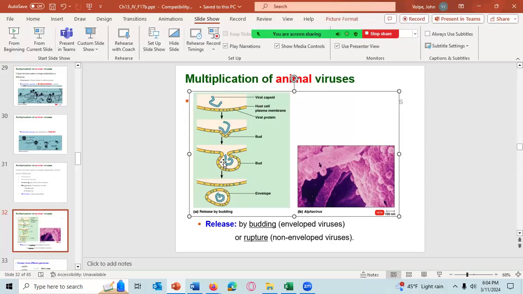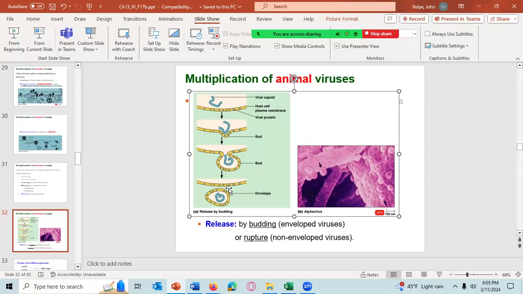And then that virus can rip off the bud where the envelope reforms. So if that's the cell membrane, it will reform, and then an envelope forms around the virus. And that's why a budding virus always has an envelope, because it buds out of a membrane, which is a lipid bilayer.